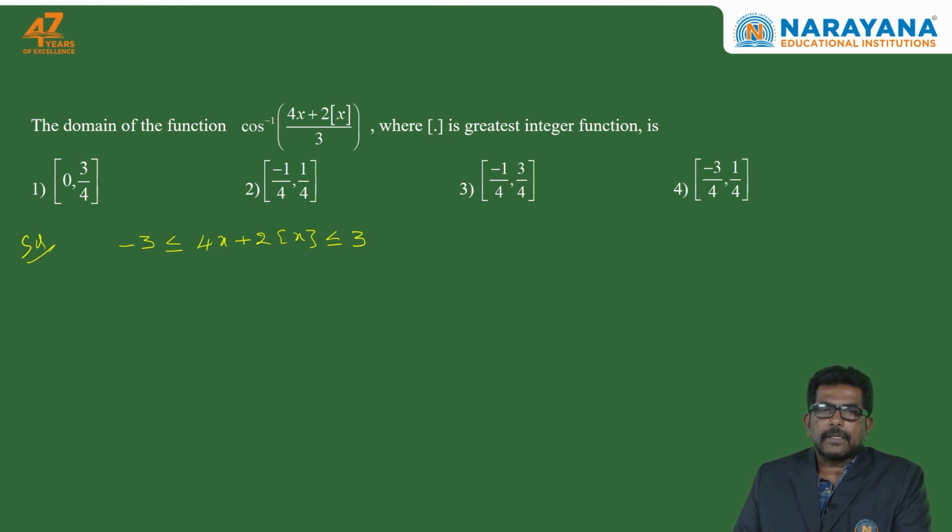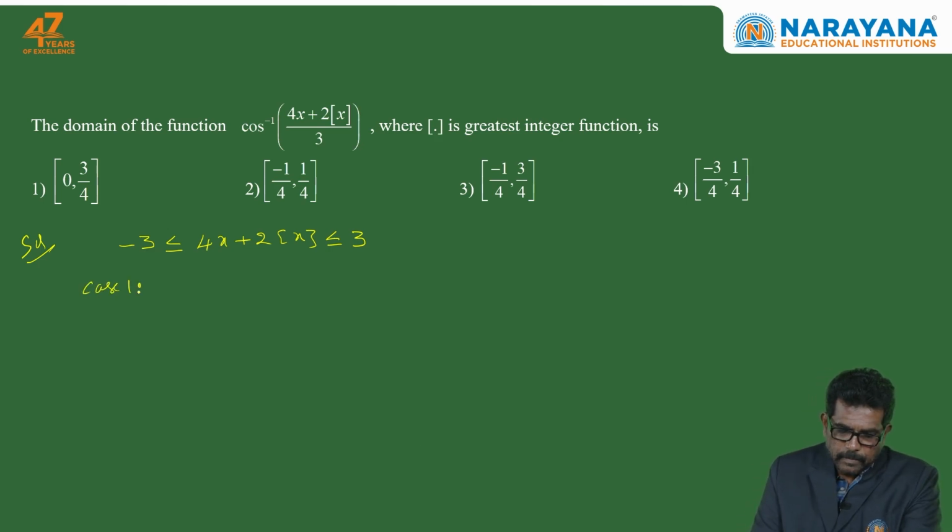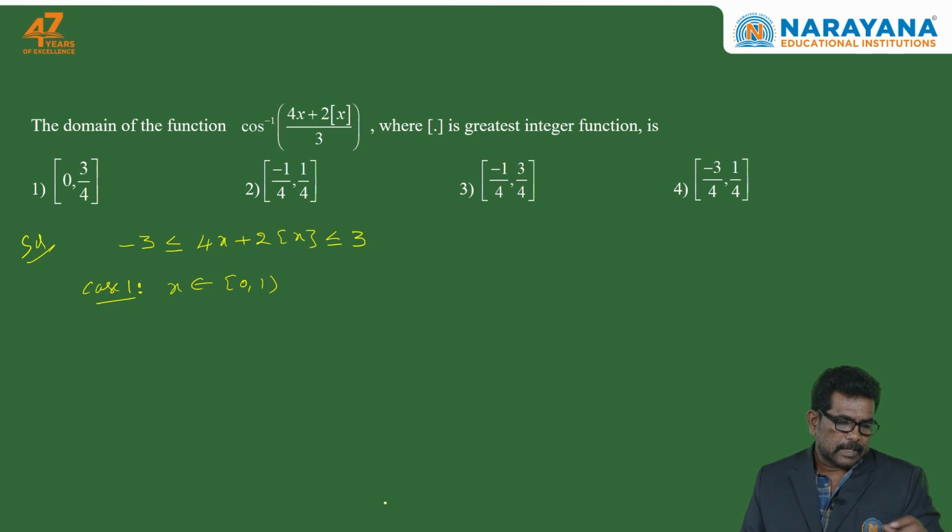First of all, suppose we consider case 1, x belongs to [0, 1). When x belongs to [0, 1), we know that the integral part of x is equal to 0.